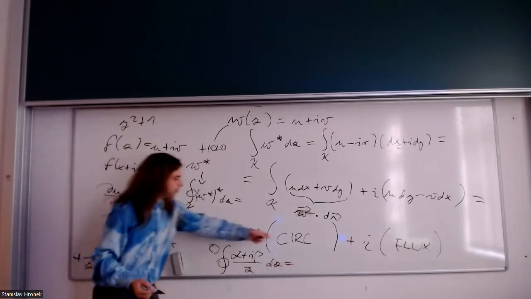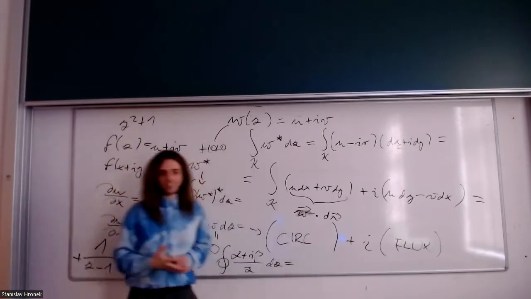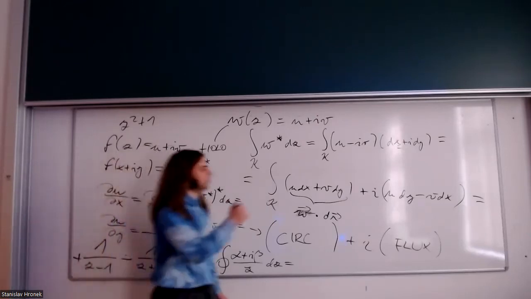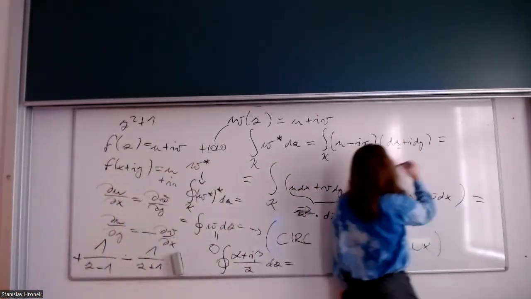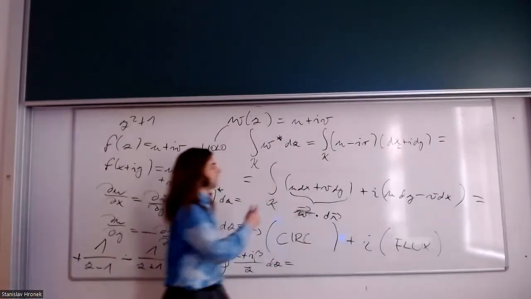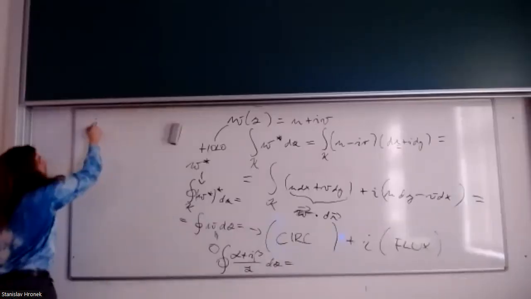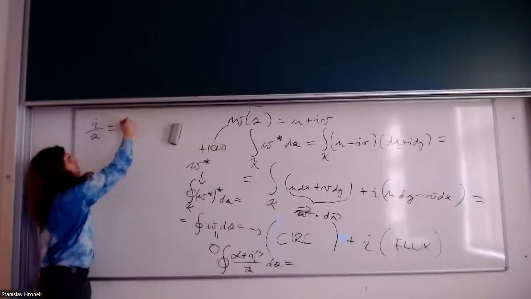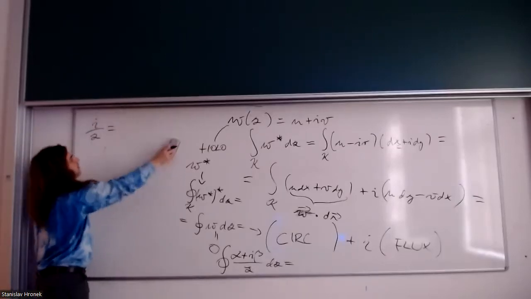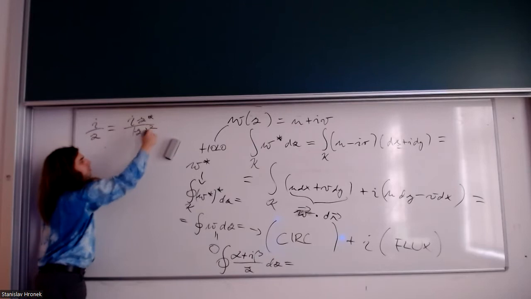Now we have to calculate a bit, because we don't really know what the circulation and the flux are. But that's not very hard to show, if we just consider the I over z case, and we already know that it's just the same thing as I z complex conjugate over the modulus squared.